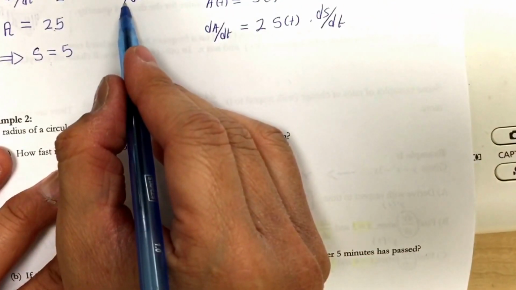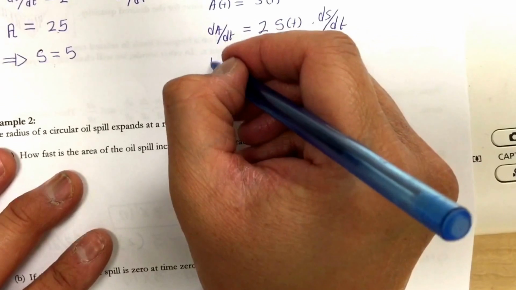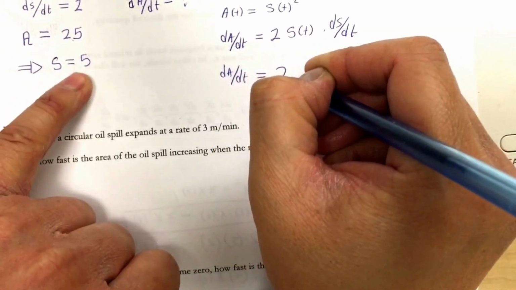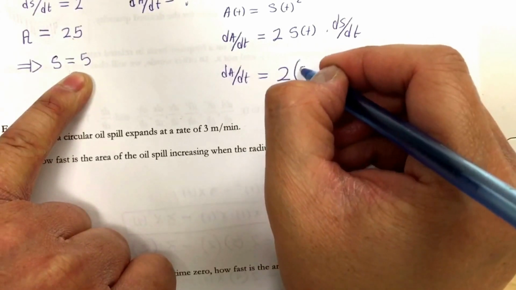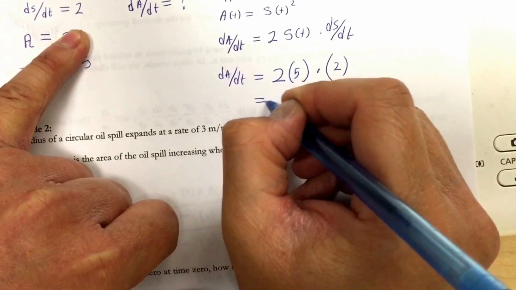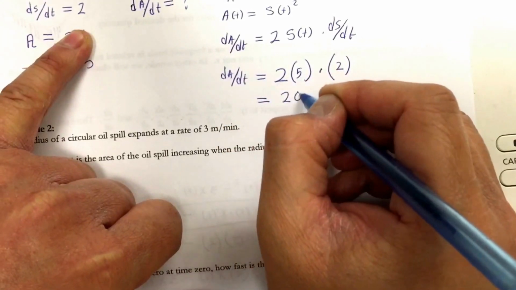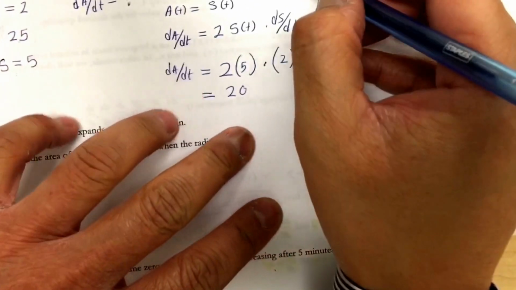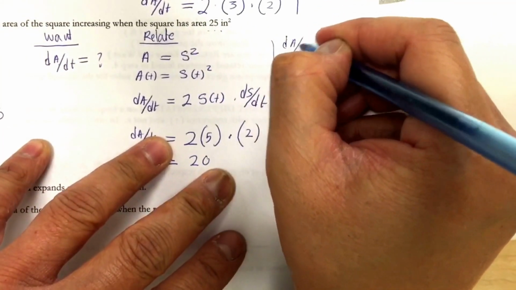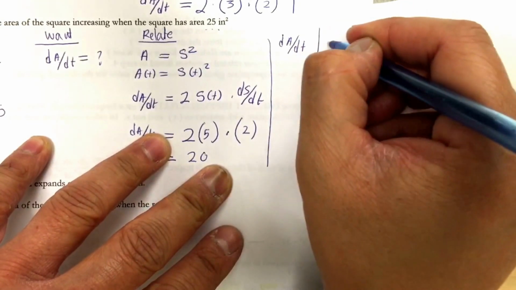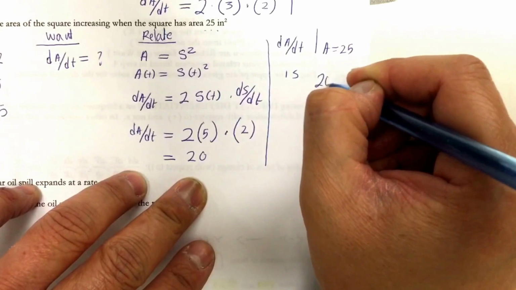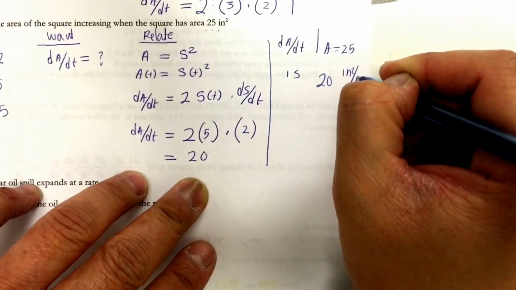We want to find this out, so we plug in the other information. So we conclude that the change in area with respect to time when the area is 25 is 20 inches squared per minute.